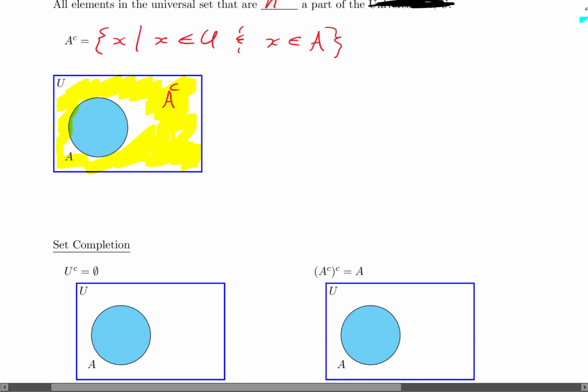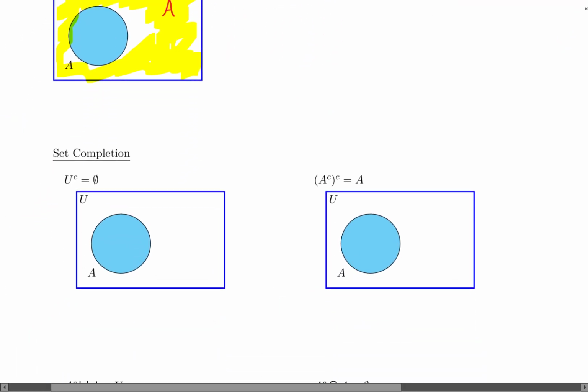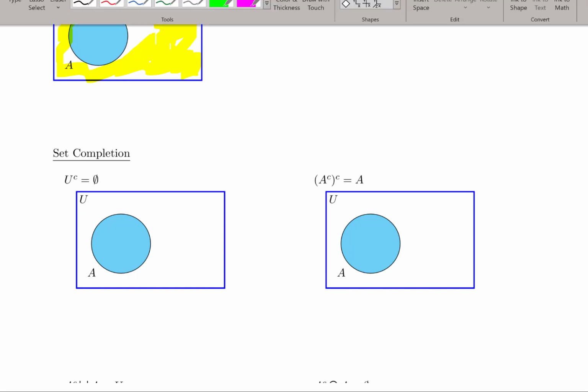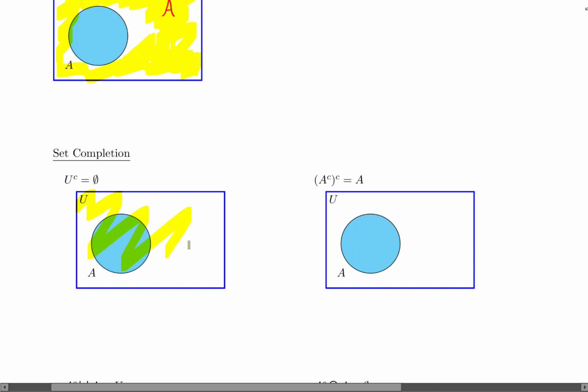Okay. So a few notes on set complements. The complement of the universal set, as a reminder, the universal set is everything. And so when you take the opposite of that, what do you have? You have the empty set.